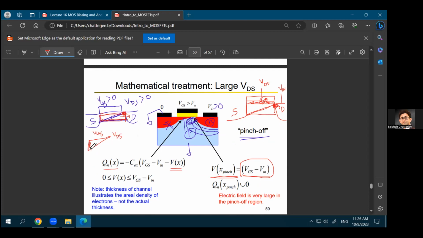So the voltage profile will also be something like this. That's the channel profile that you see. So the amount of charge in the channel will still be capacitance times voltage, but the voltage will not be a constant voltage. It will be a function of the distance. So if this direction is the x direction, the voltage in the x direction is something that you'll have to subtract from the VGS minus VT, which is the voltage at x equal to 0.